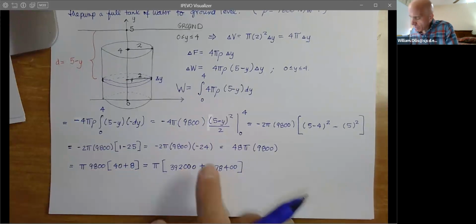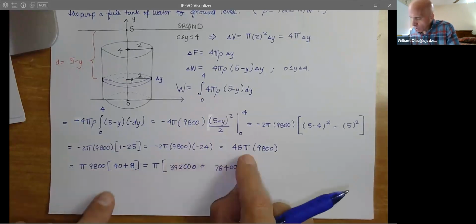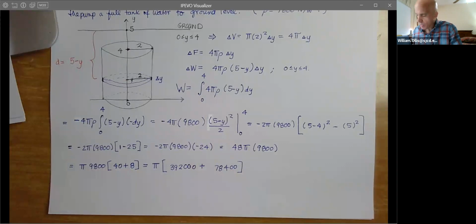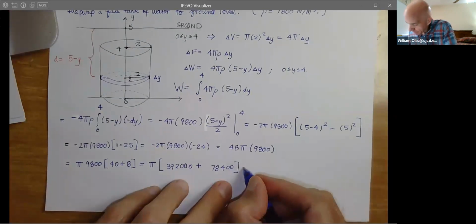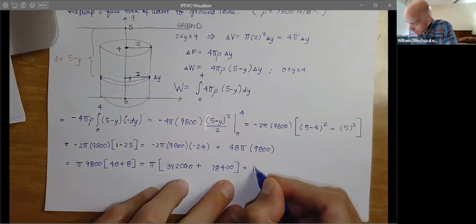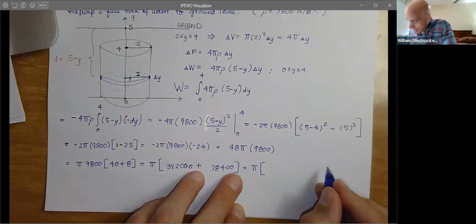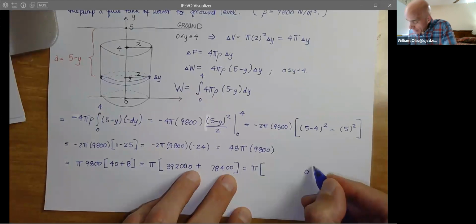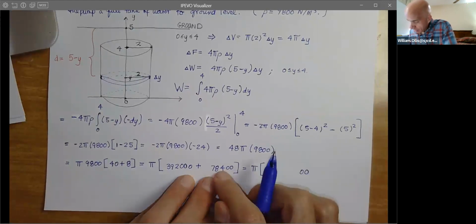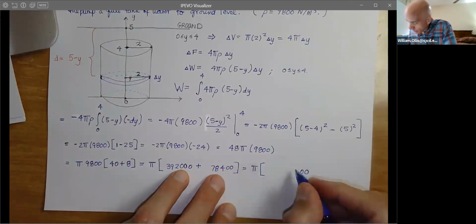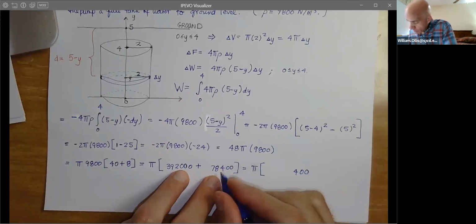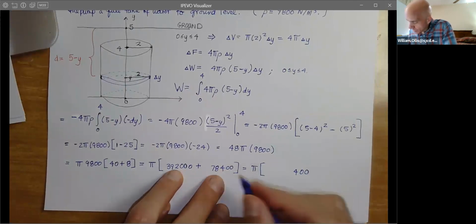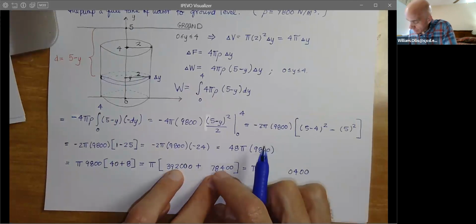Again, at this point, just decide which is the easiest way to multiply these. It's your choice. Again, it doesn't matter. The result will be the same. So now we have a pi. So let's start at the end here. We have a 0, and then we have a 0, and then we have a 4 and a 0, and then we have an 8 and a 2, that'll be a 0, with a 1.